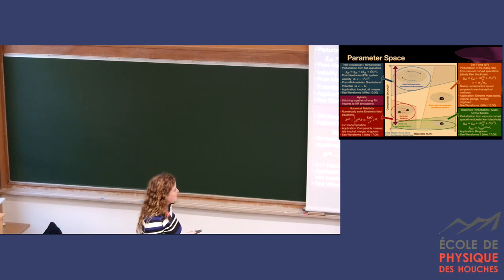Also to be noted is the idea of areas of overlap. Here you have post-Newtonian overlapping with self-force. Self-force only got out its first waveform in 2021, around Christmas, so really 2022.